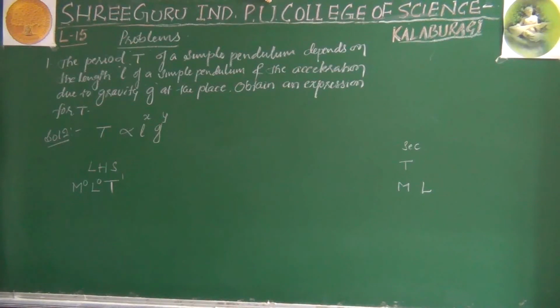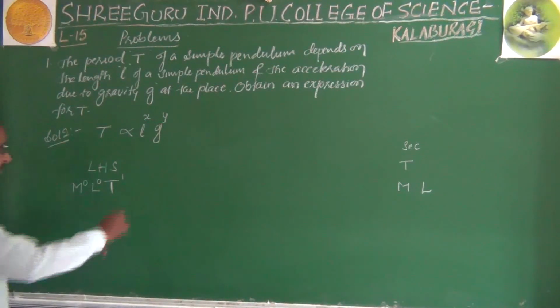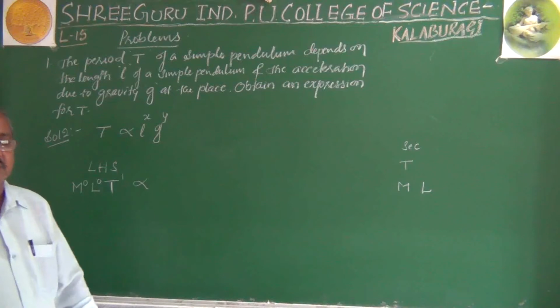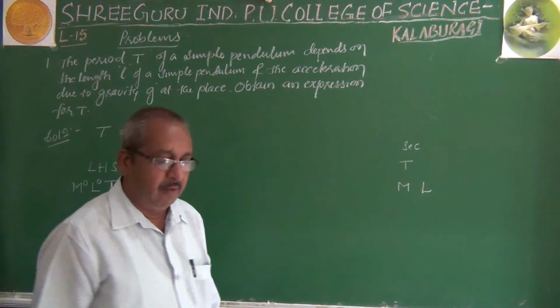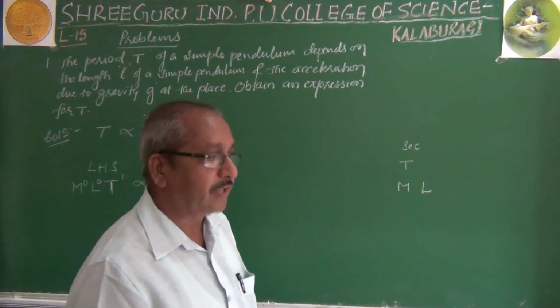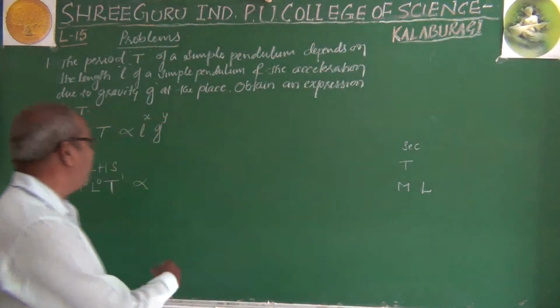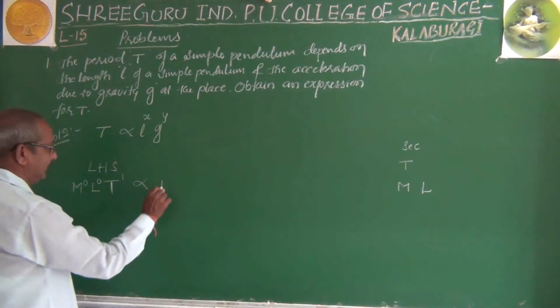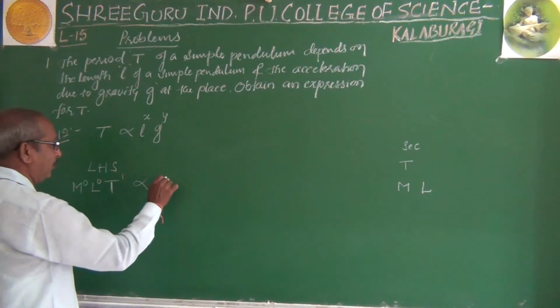This is the LHS part. Now this is proportional to length L. Length is, as you know, a fundamental quantity which is independent of mass and time. So therefore for length we have the dimensional formula L only, that is L to the power 1.